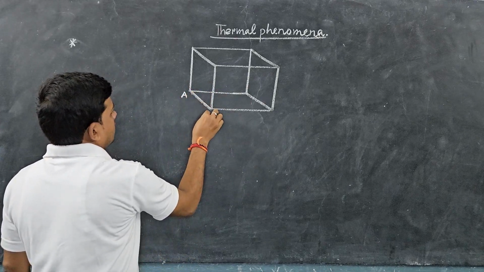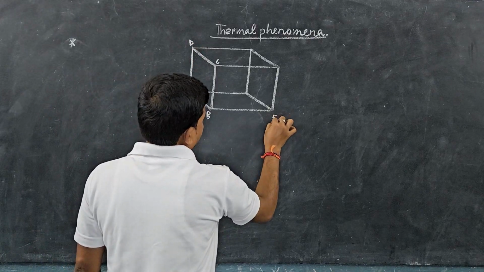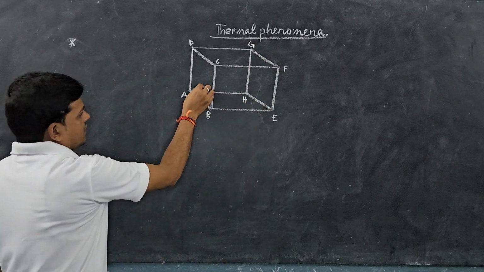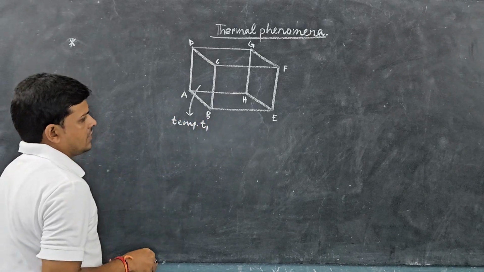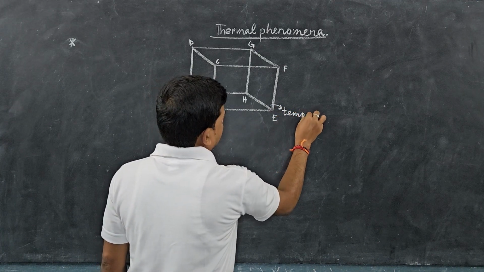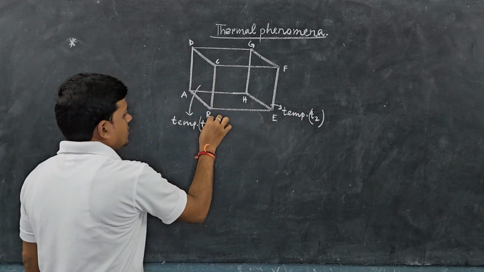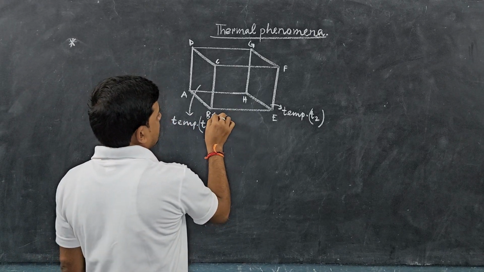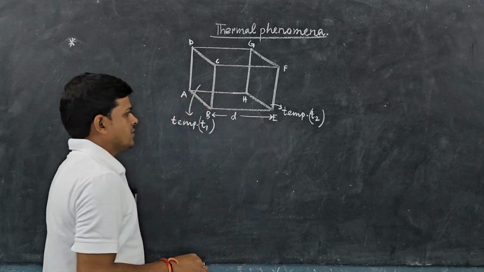This is ABCD, one face of the solid, and this is EFGH. Let the temperature of this face be T1, and the temperature of EFGH be T2. Let the distance between the two surfaces be d, that is the thickness.